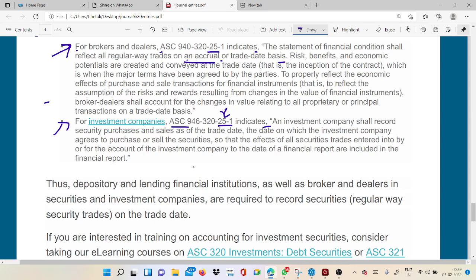I hope at this point you have this idea: what accounting standards we are referring to, to prepare the accounting entries, what would be the accounting entry for a trade date, and what would be the accounting entry for a settlement date.